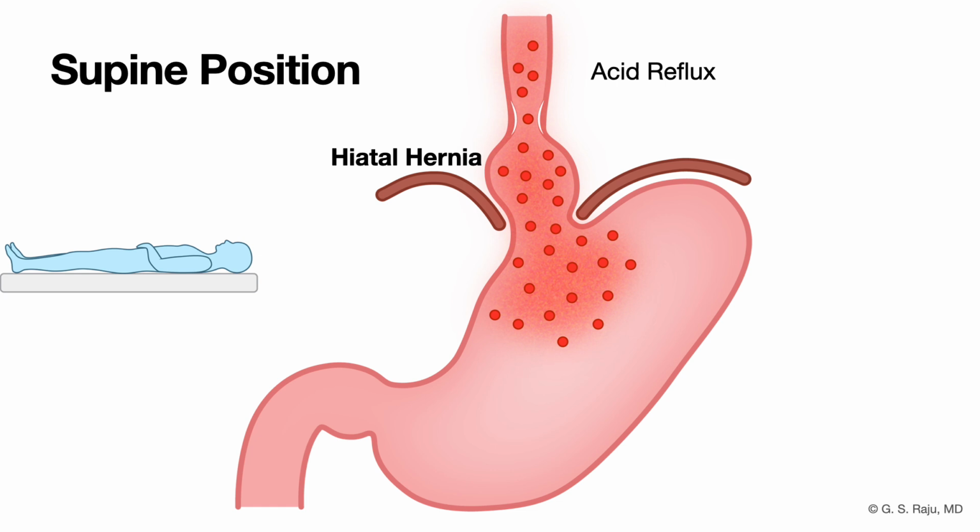So, what is the normal mechanism of clearance of acid reflux? Peristalsis of the esophagus and gravity dependent drainage of the esophagus, especially if somebody is in an erect position, and neutralization by salivary bicarbonate. These are the mechanisms that clear the acid from the esophagus.